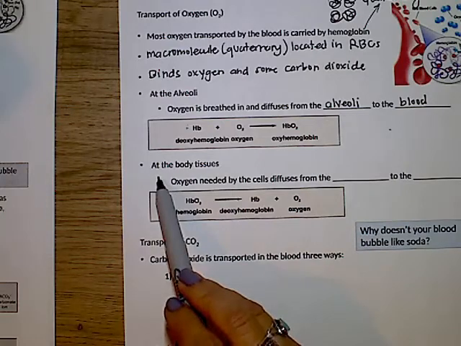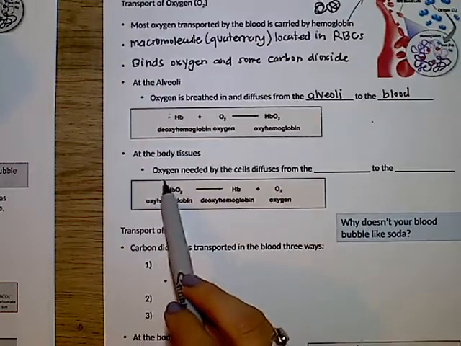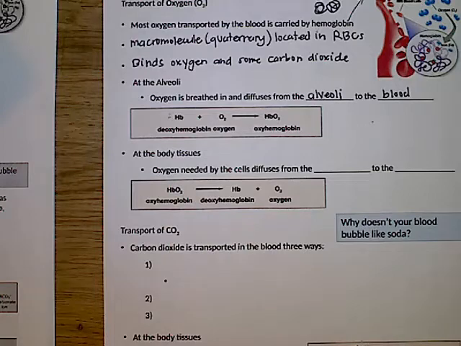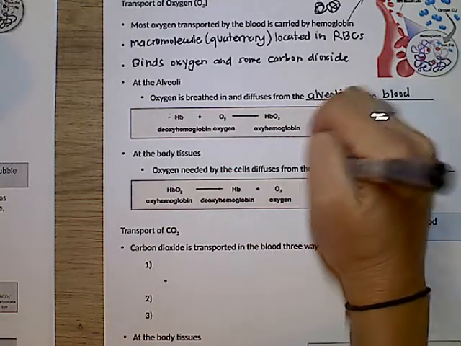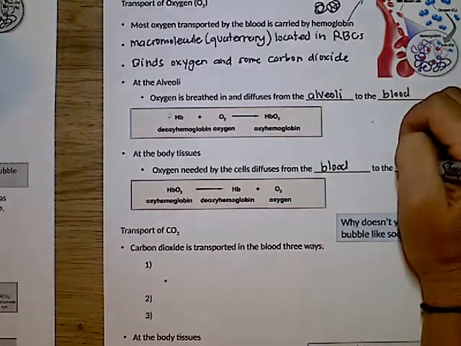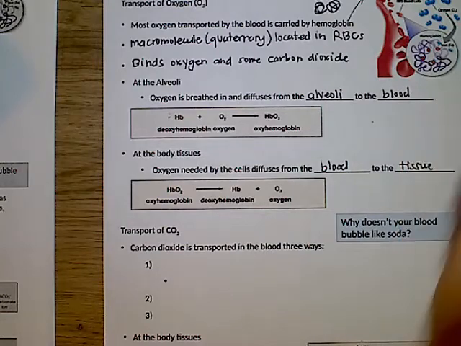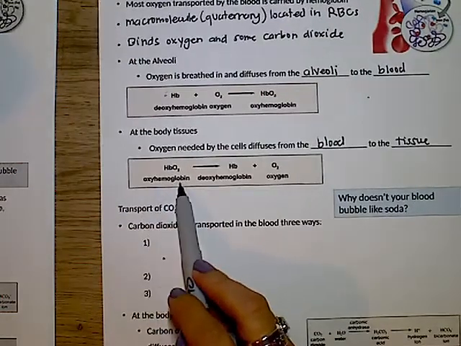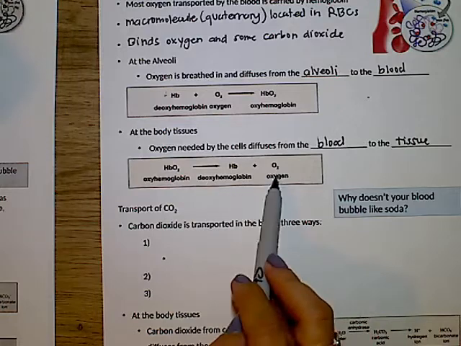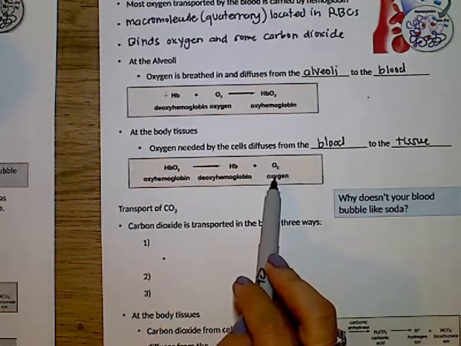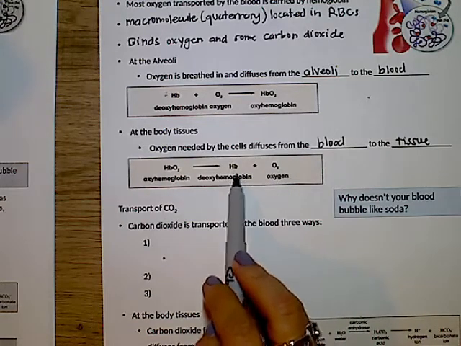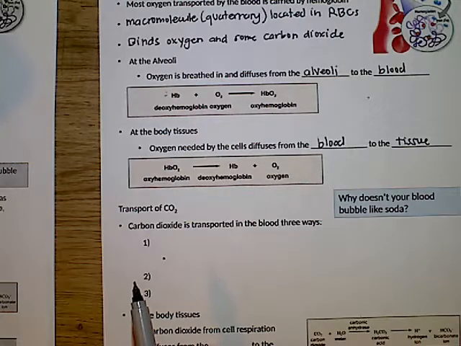So at the body tissues, oxygen needed by the cells diffuses from the blood to the tissue. And so that oxyhemoglobin is going to drop off its oxygen to the tissues and the cells, and then you're left with deoxyhemoglobin, not carrying any oxygen.